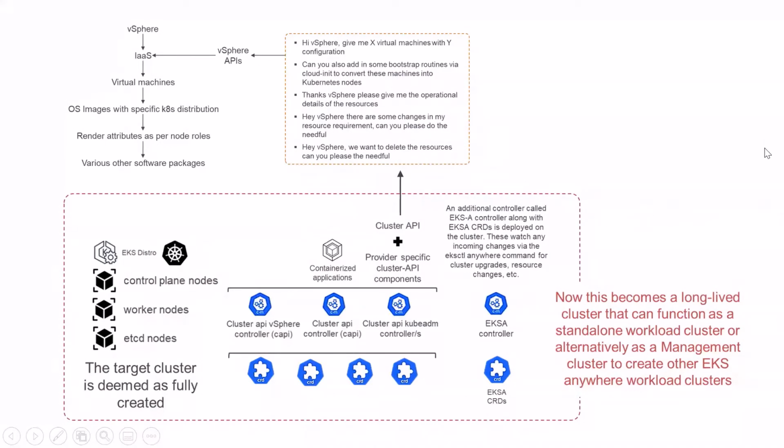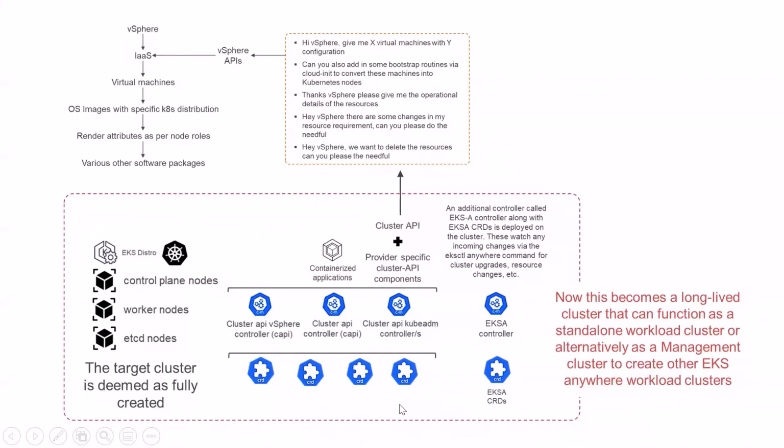So what will happen is basically the EKSA controller will get the requirement, a new YAML. The new YAML says the cluster, the vSphere machine config and the data center config have a new name, which means additional CRDs will be created. An additional set of CRDs, named by that new cluster, and the vSphere machine configuration CRDs for that, and data center reference.